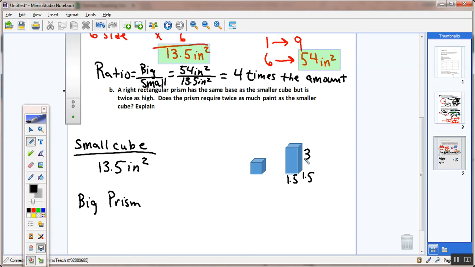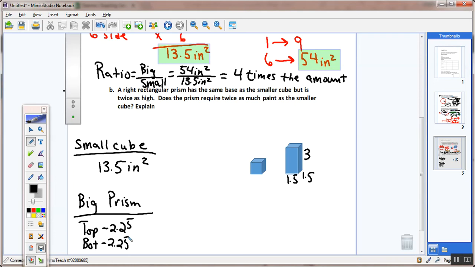Okay. So for this big prism, I'm going to say, you know what? Both the top and the bottom. Top is 2.25. Bottom is 2.25. Okay, let's talk about one of these sides. One of these sides would have an area of what times what, kids? 3 times 1.5.